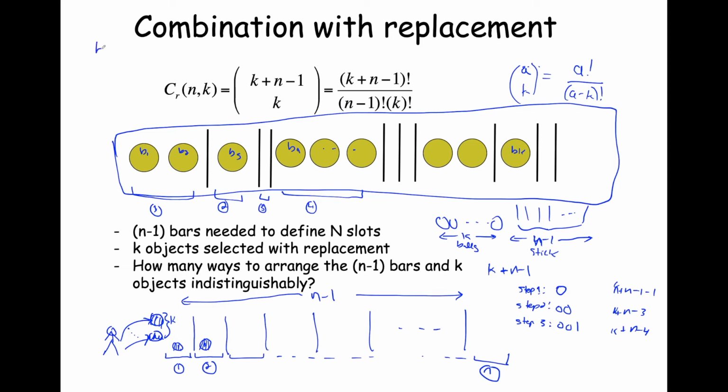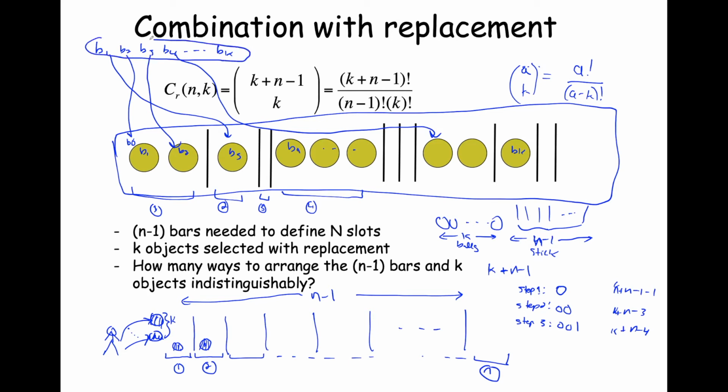So while I have an ordering within this arrangement of B1, B2, B3, B4, up through B sub k, it's the same problem if maybe I said B2 is here, B1 is here, B3 is there, B4 is here, etc. That means I can arrange my k many balls any way I want to.